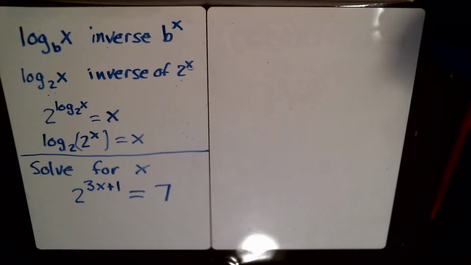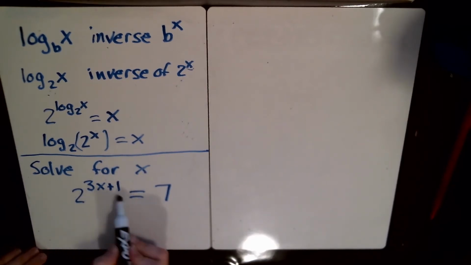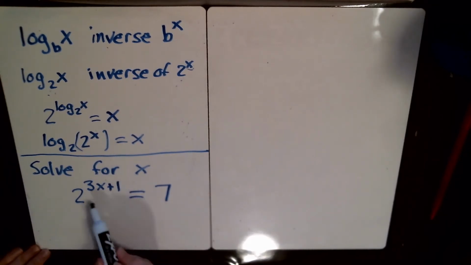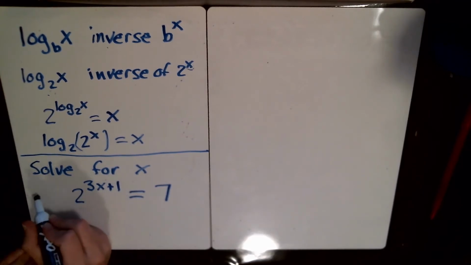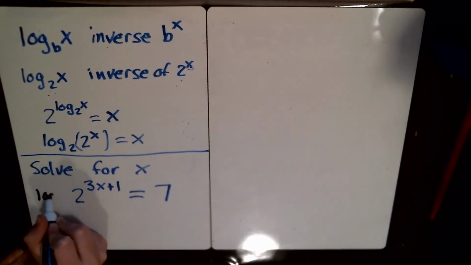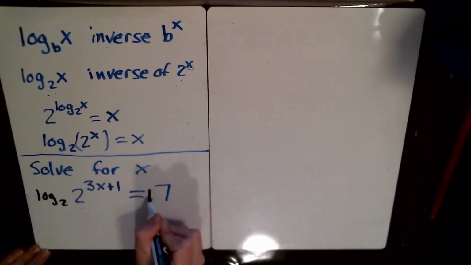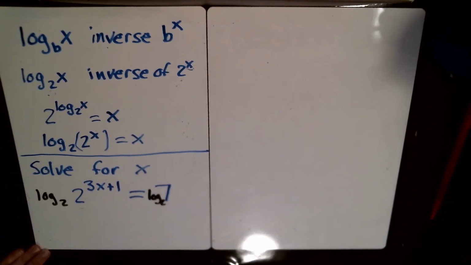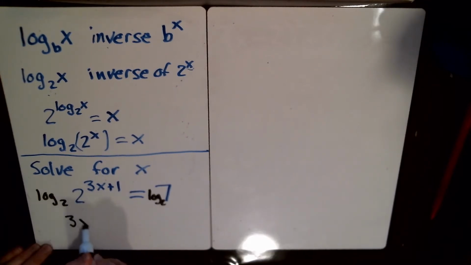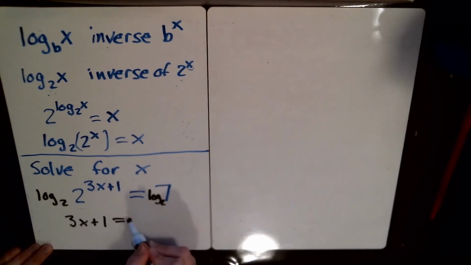How can I solve for x in this? Well, if I want to get x out of the exponent, I want to take a log of both sides. To undo the exponential, I need to use a log. The inverse of 2 raised to a power is log base 2, so I'm going to do log base 2 on both sides. These cancel out, and we just get 3x plus 1 is equal to log base 2 of 7.